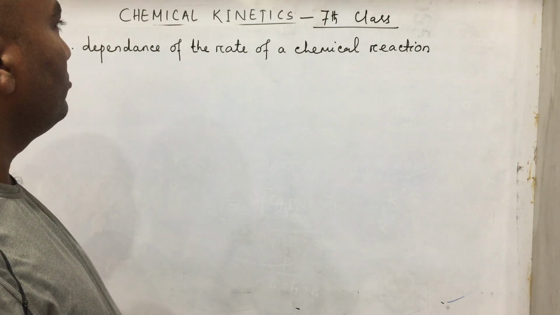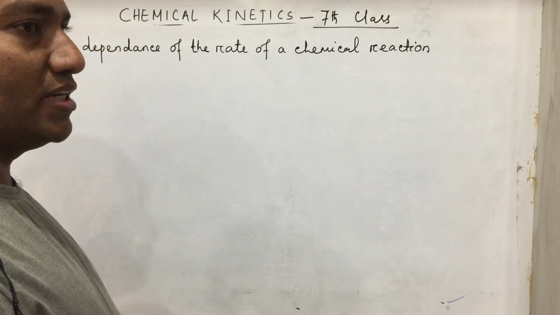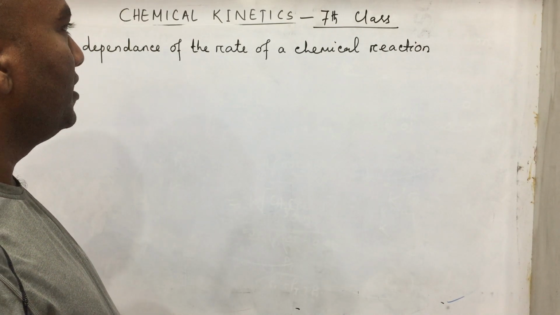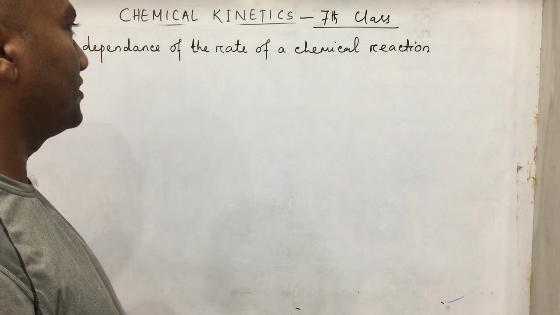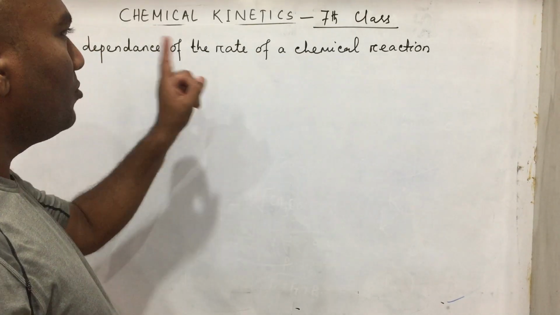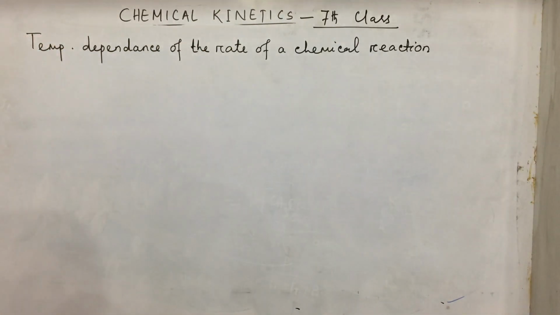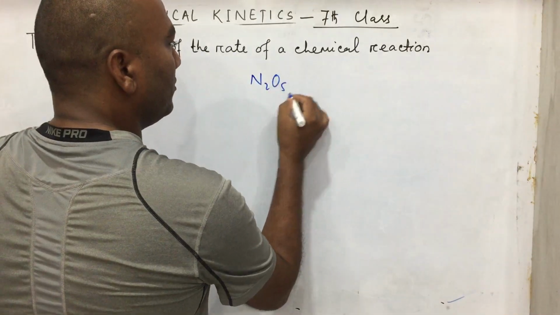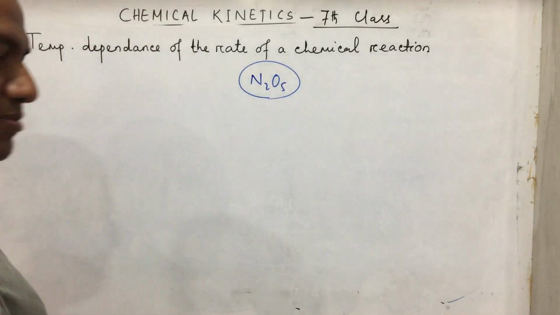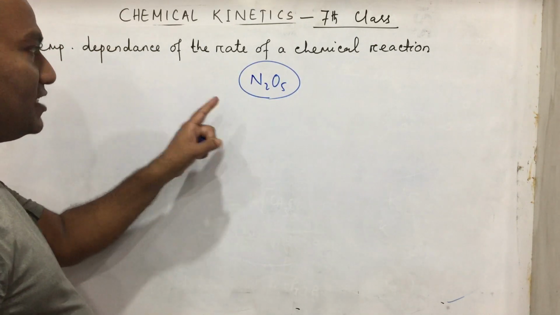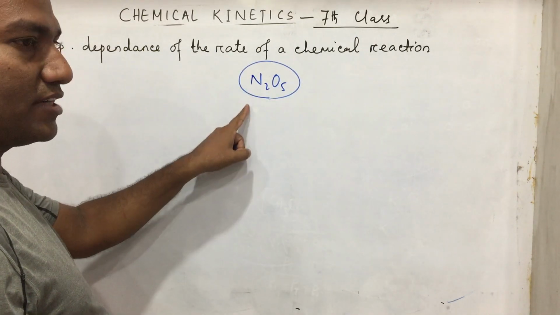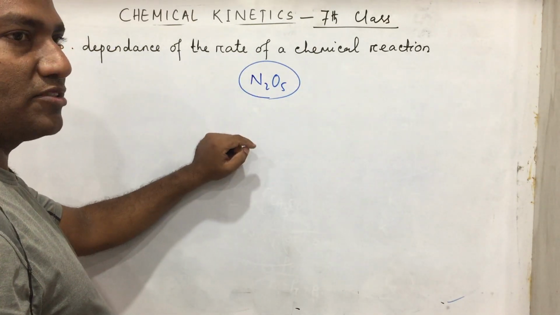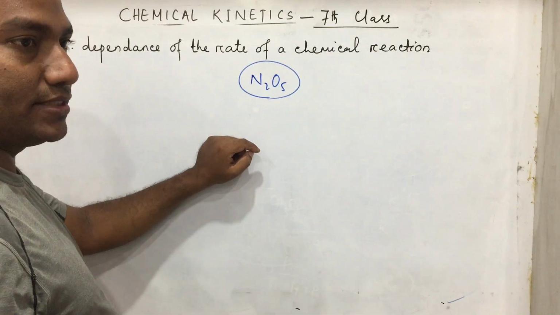So how does temperature change the rate of a chemical reaction? Generally, when temperature increases, the rate of a chemical reaction increases. For the decomposition of N2O5, it has been seen experimentally that for every rise of 10 degrees Celsius in temperature, the rate of the reaction increases around twice.